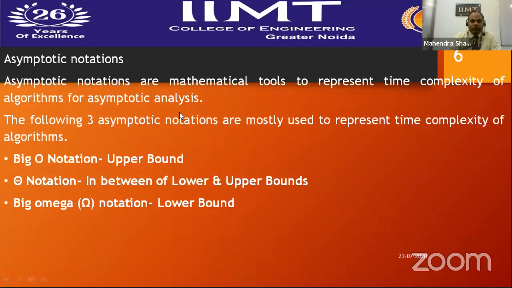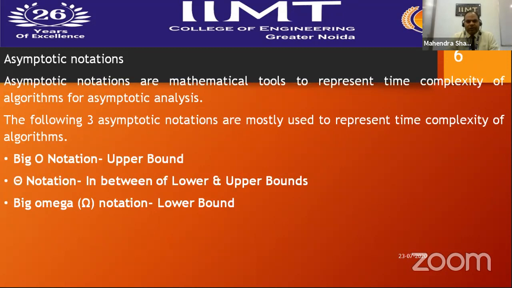Now, asymptotic notations. Basically, this topic belongs to mathematics, and as a lot of functions are involved in asymptotic notations, it becomes very important to understand them, because asymptotic notations are mathematical tools to represent the time complexity of algorithms for asymptotic analysis.